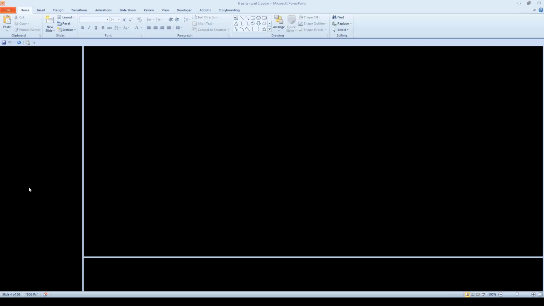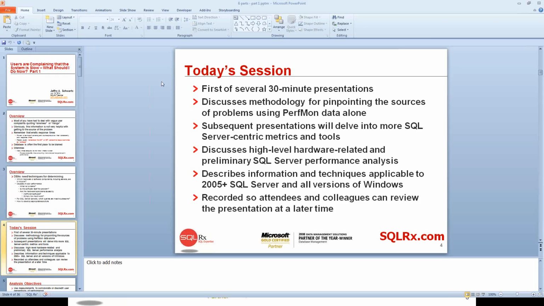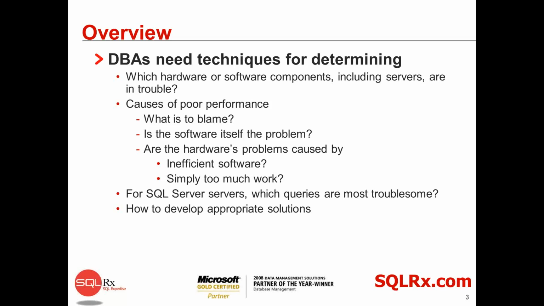So basically what we're trying to do now is to figure out which query is the most troublesome, which hardware is the most troublesome, and we need something to direct our studies.